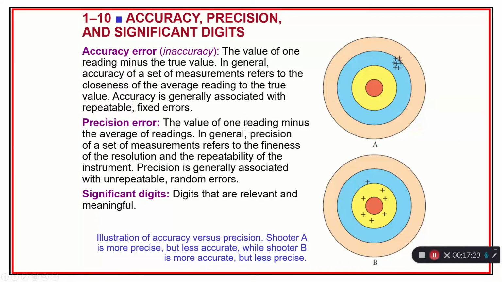I wanted to briefly talk about the difference between accuracy, precision, and significant digits. I really want to hammer home: I want you to use at least 4 significant figures when you're doing calculations. Don't round down early. Don't wait until the very end to round, if you're going to round.